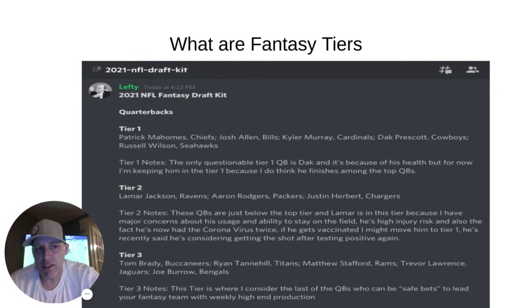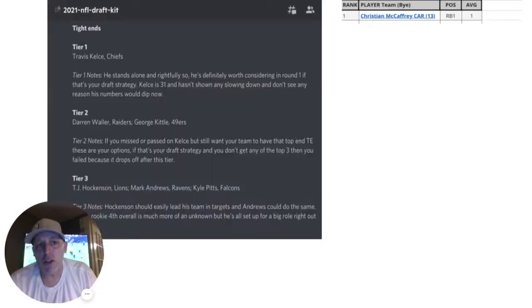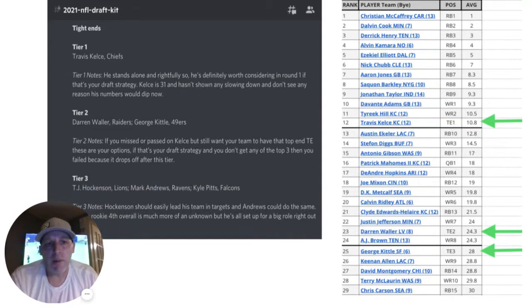But we also have the tiers to see which players are left in that next range. If we look on the screen here to the right, the average draft position chart, we see Kelce is going in the first round, and Waller and Kittle are going in the late second round range. You don't want to be taking the next best available tight end right after those top three tight ends are gone because the drop-off in production is so wide.